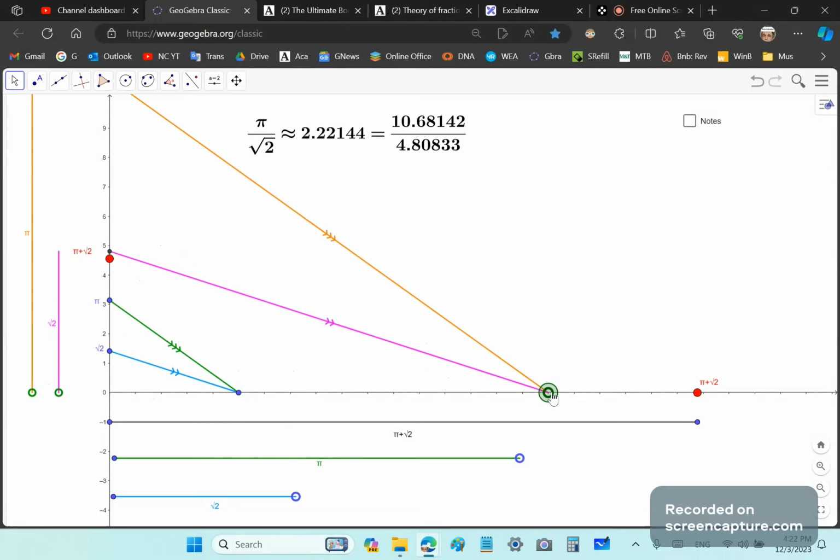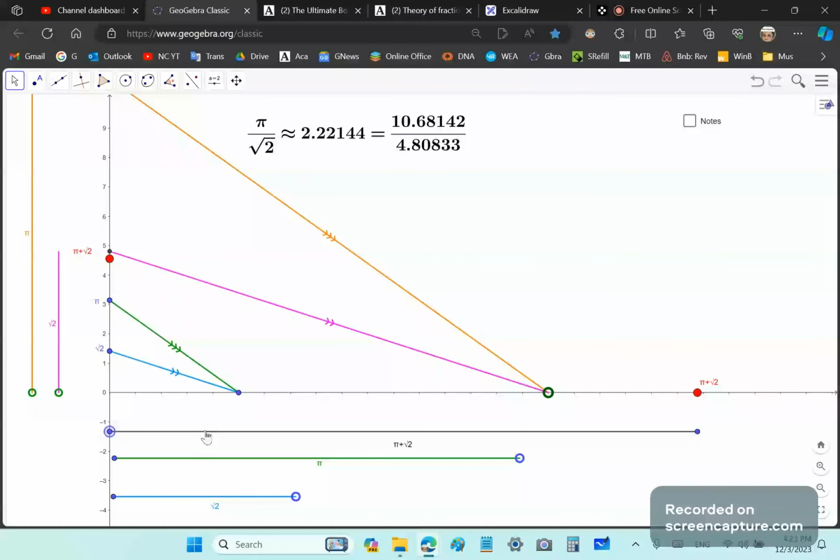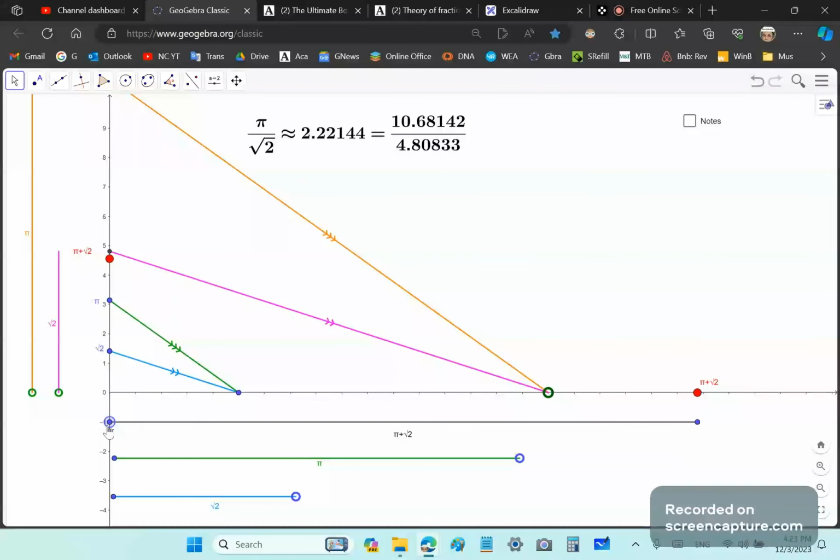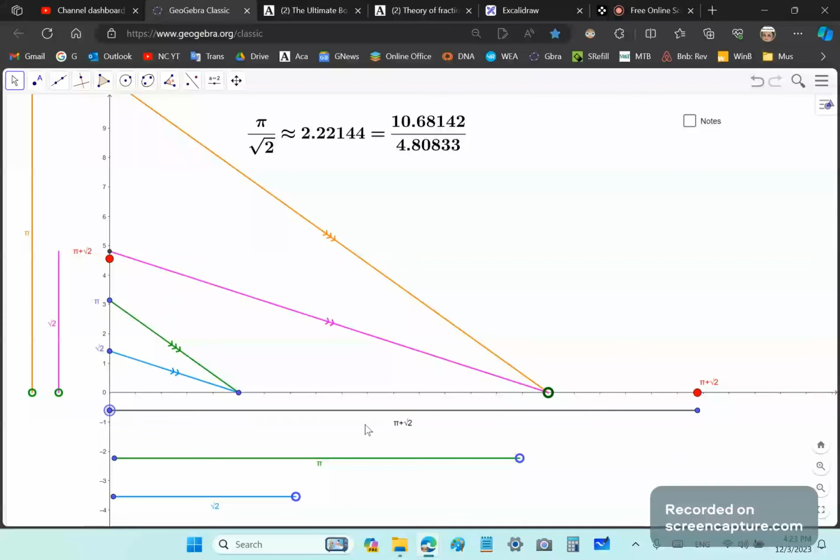The measure of this ratio, this orange to magenta ratio, is always the same as the measure of the green to the blue ratio, the light blue ratio. So what I've done here is I've created a line here, this dark line here, that is equal to pi plus root 2.